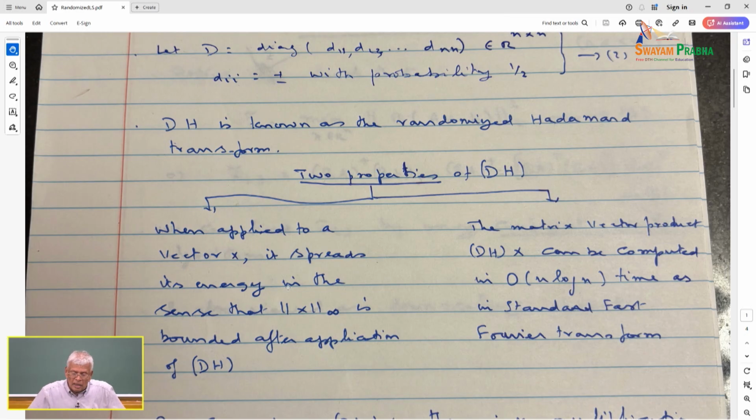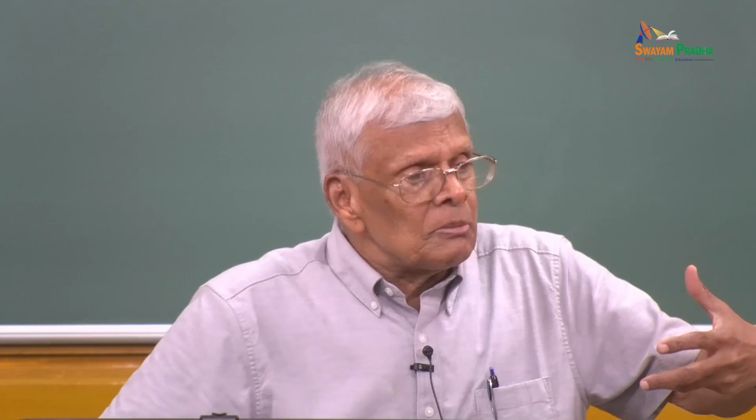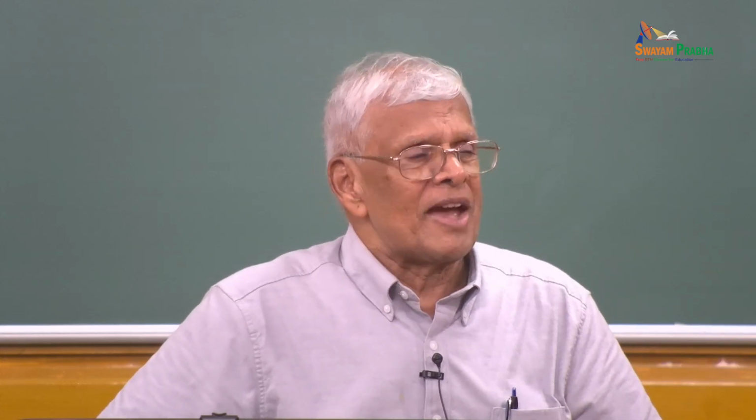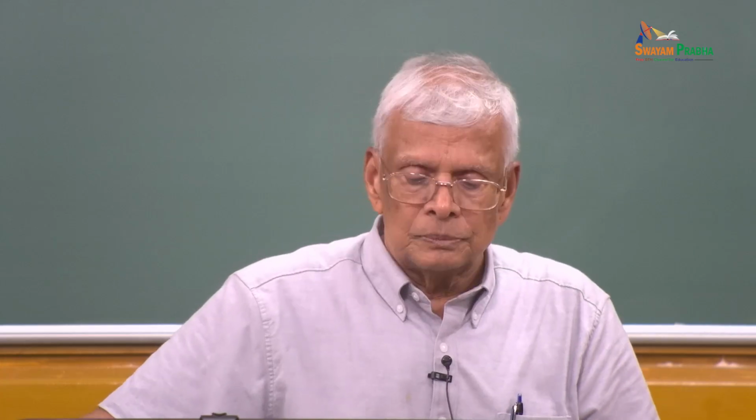And I have already introduced you to the infinity norm. What is the infinity norm? The infinity norm is the maximum of the absolute value of the components of vector x. So, by applying HD to x, if I can show the energy in the resulting vector is spread out, what does that mean? The maximum absolute value of the components of the transformed vector is bounded above.